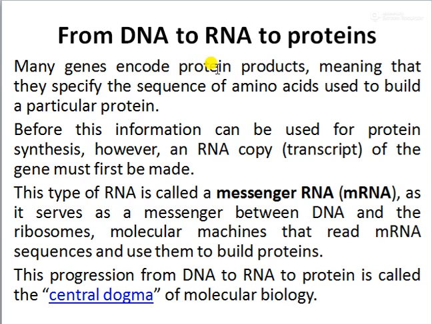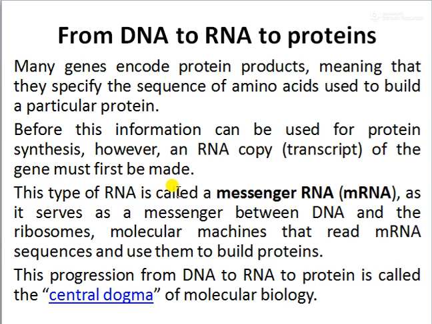Many genes encode proteins, which means that they specify the sequence of amino acids used to build a particular protein. Before this information can be used for protein synthesis, however, an RNA copy, a transcript of the gene, must first be made.